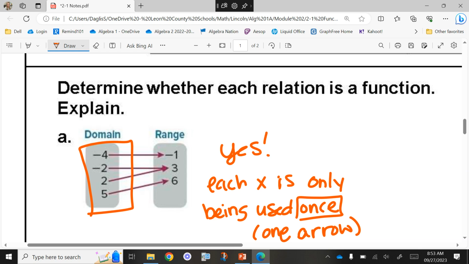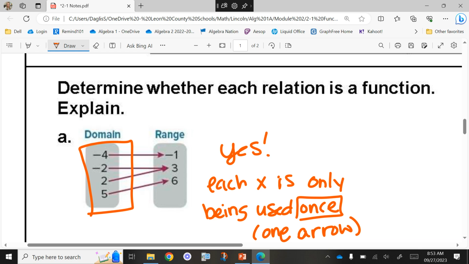So each value on that domain in my mapping only has one arrow coming off of it. We're good to go. How do we feel? Okay.